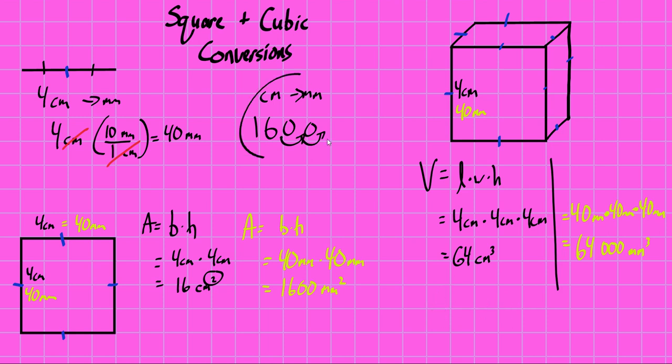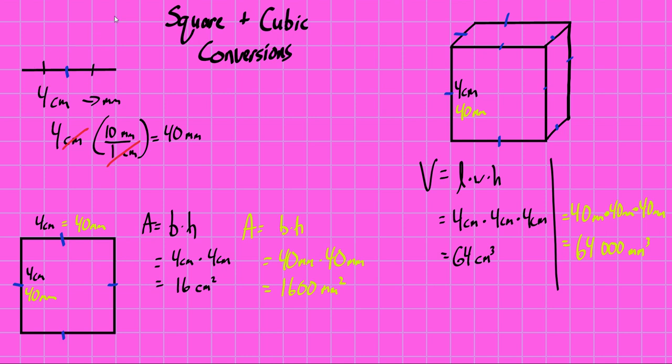One way is to do the conversion however many times the exponent tells you to. If it's for a square unit, you do the conversion twice. If it's for a cubic unit, you do the conversion 3 times. And the other way is to think about, what if you were finding area or volume of a shape? You'd have to remember to convert all 3 sides in the volume, or all 2 sides in the area, or just one if it was length.